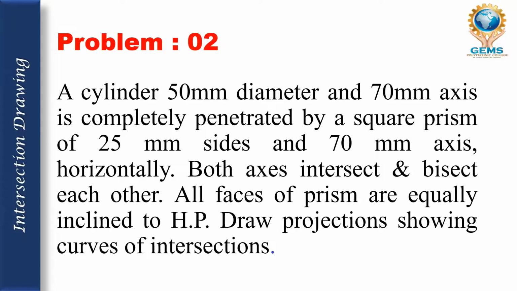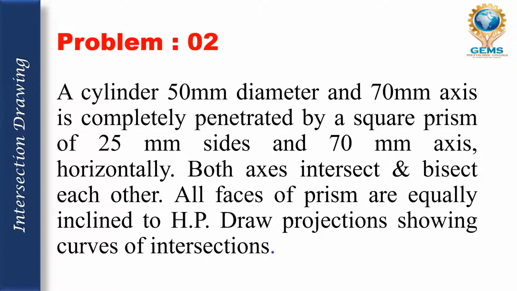The object or square surface with which the word horizontally comes must be the one penetrating. Both axes intersect and bisect each other. All faces of the prism are equally inclined to HP. Draw projections showing curves of intersection.